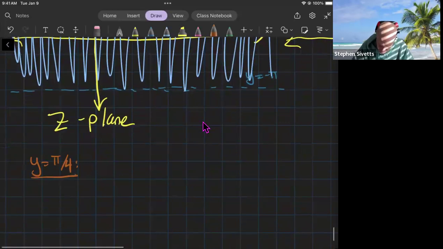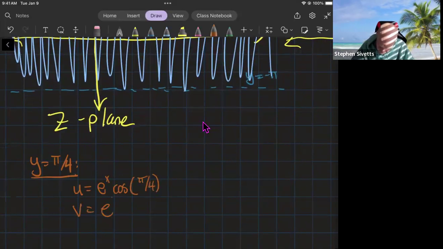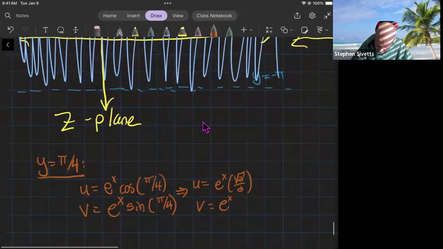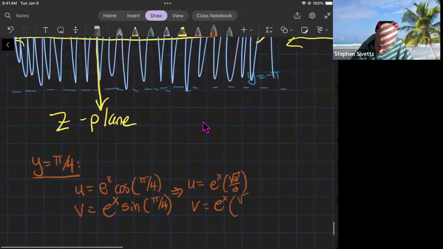So that means your x is varied, right? So u is e to the x times cosine of pi over 4. And then the v component is e to the x sine of pi over 4. And so these would imply that u is just e to the x times root 2 over 2. And then v is equal to e to the x times root 2 over 2.